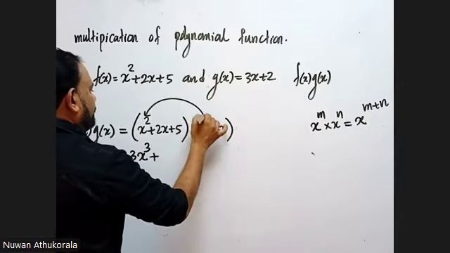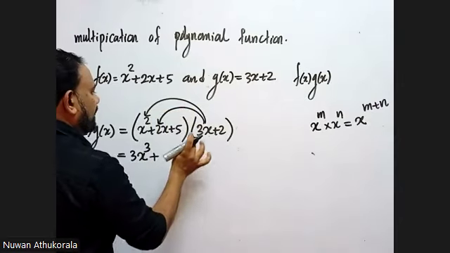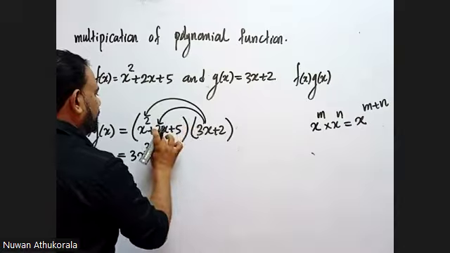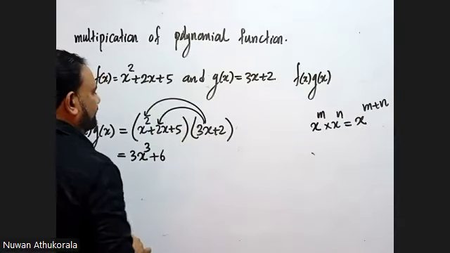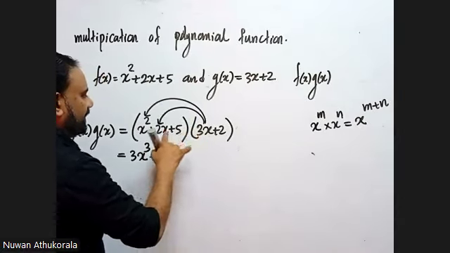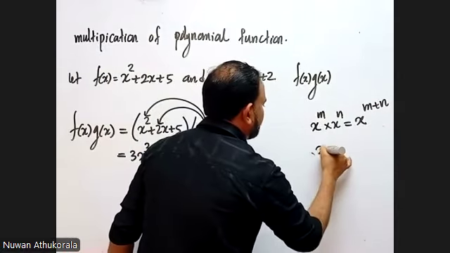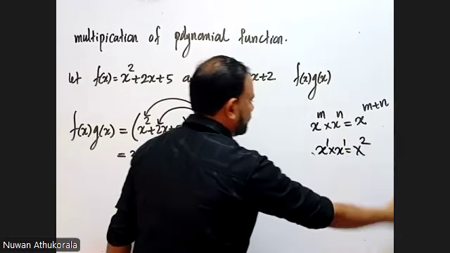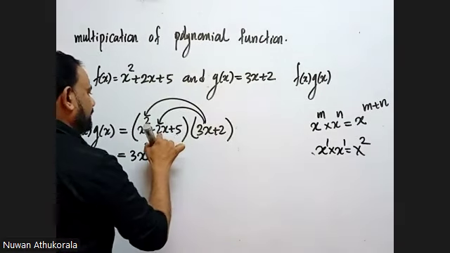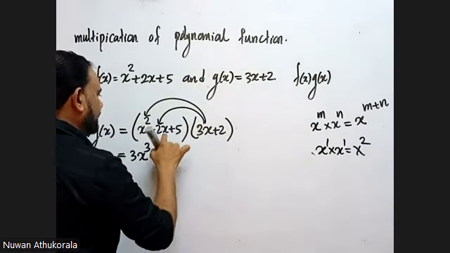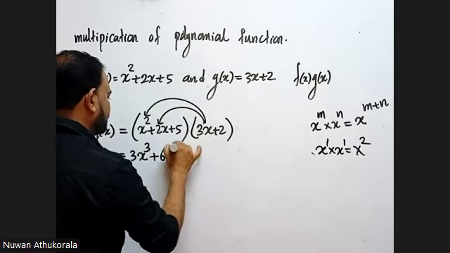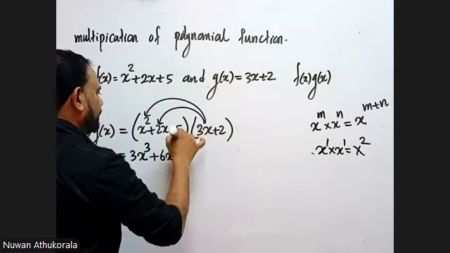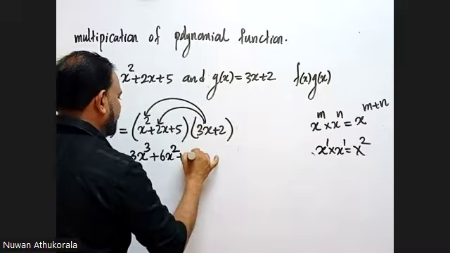x into 2x, multiply the coefficient. 2 into 3, 6. x into x is x to the power 1 times x to the power 1 is x to the power 2, right? 2 into 3 becomes 6x squared. 3x into 5, 15x.